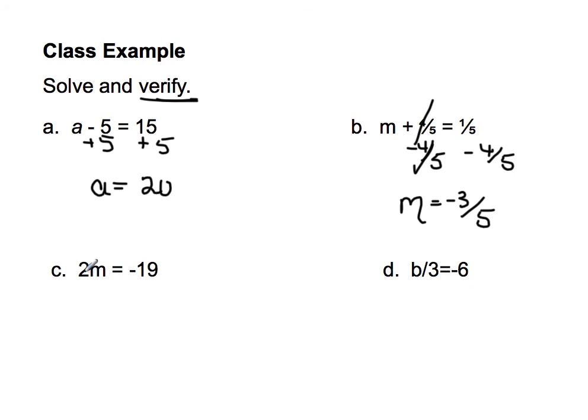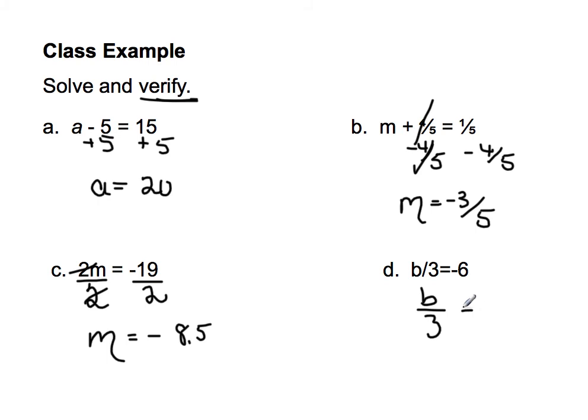On the bottom here, I have some number times 2 is equal to negative 19. The inverse operation from times is divide, so I'm going to divide both sides by 2, and I'm going to get m is equal to negative 8.5. Really be careful with your negatives. And here I'm just going to write this again.